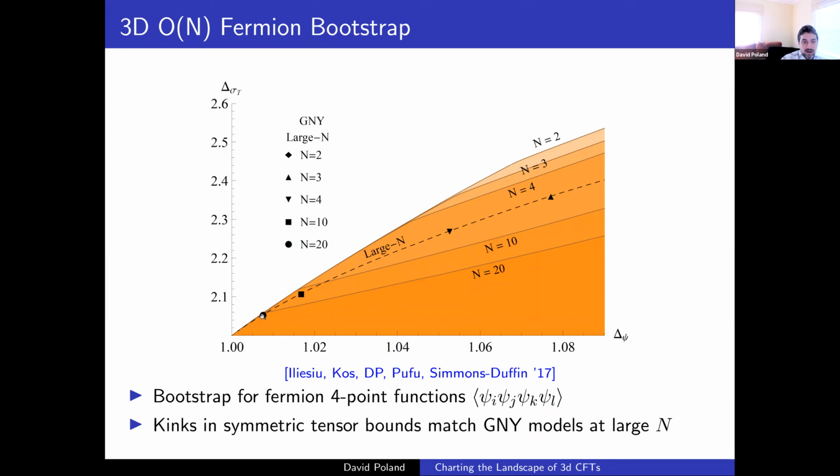At least at large n, the O(N) Gross-Neveu-Yukawa models seem to sit near these kinks. The situation at small n is a little bit murkier, but there may still be some kinks that you can identify up here at small n. So that seems promising. It seems like maybe the bootstrap knows something about these Gross-Neveu-Yukawa models.